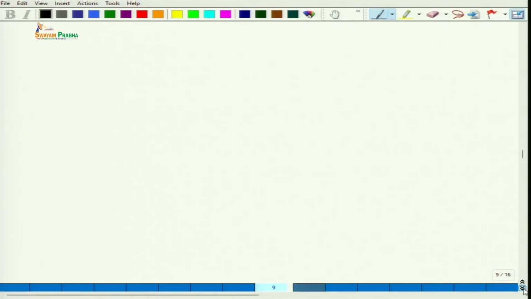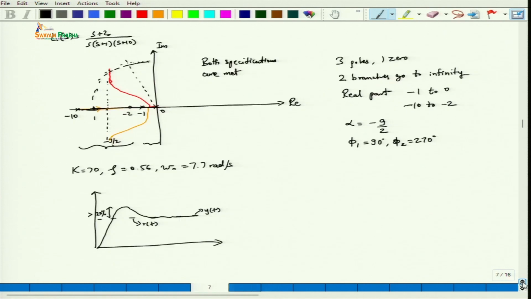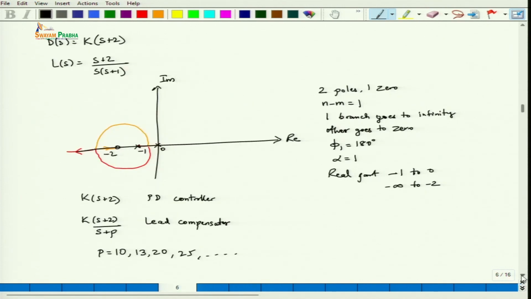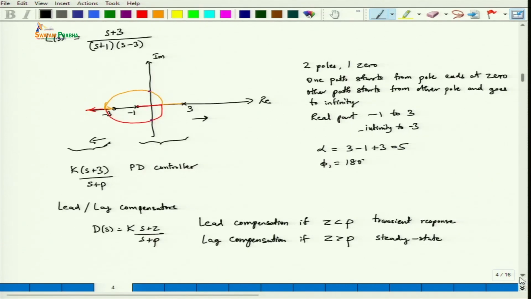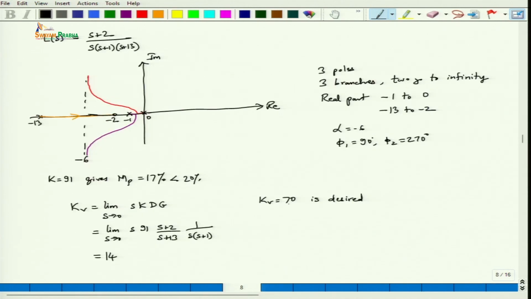In this case, what we do is we take this lead compensator and augment it with a lag compensator, because the lag compensator takes care of the steady state. So, we want Kv to be basically 70.